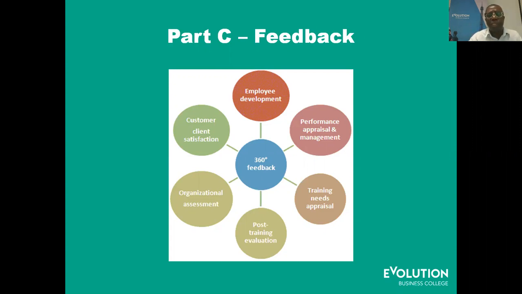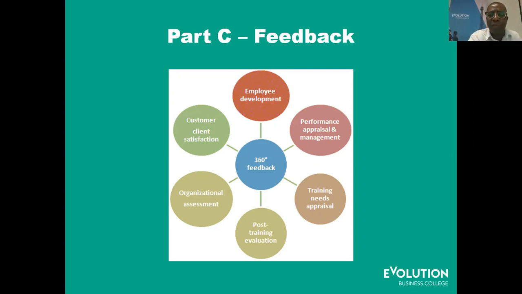So in a 360, you are contacting all the stakeholders, or you're getting in touch with everyone that you deal with, and in everything that you're involved. So your performance appraisals, your manager will go through that process of checking whether you're meeting your KPIs, you're keeping up with your responsibilities, you're meeting your goals, your milestones are being ticked off.